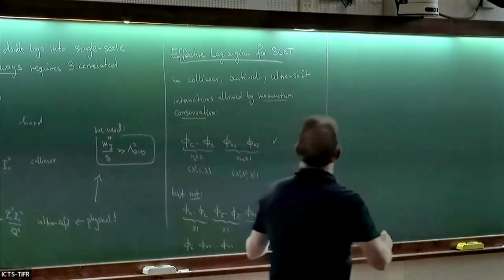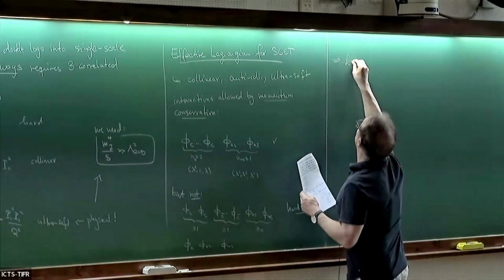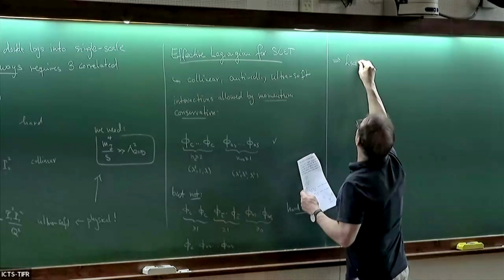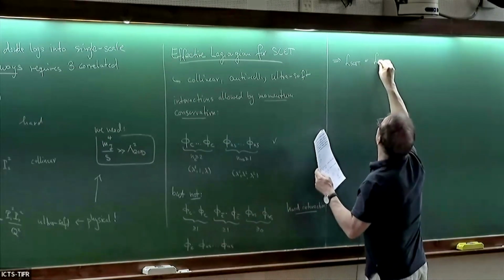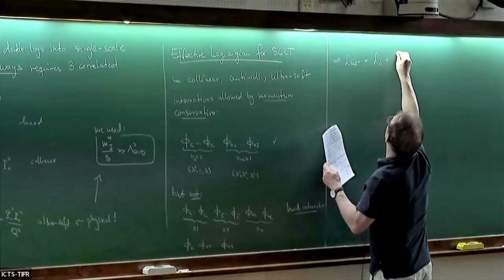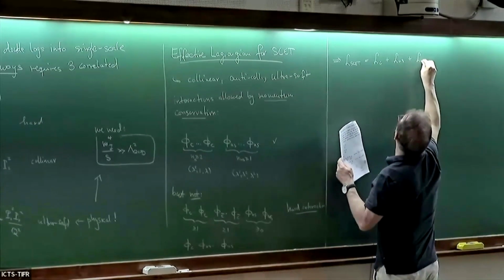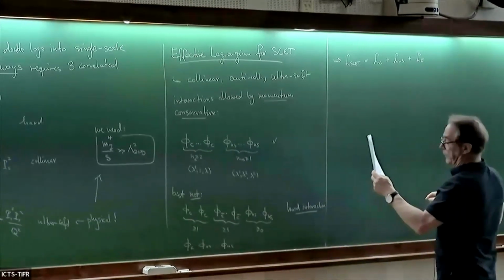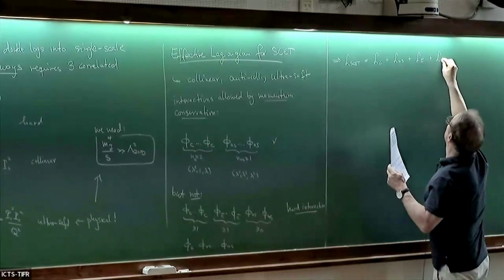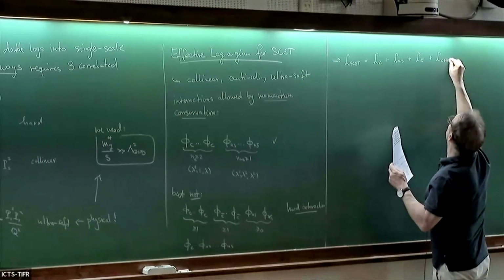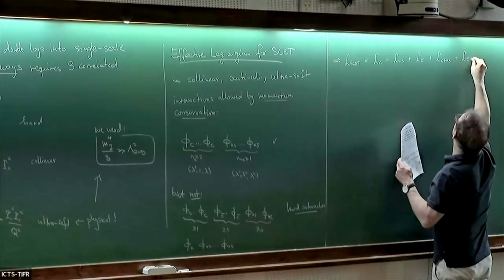So this implies that the effective Lagrangian of SCET will have the following form. It will be a collinear Lagrangian, an ultra-soft Lagrangian, and an anticollinear Lagrangian. And then interaction terms, collinear plus ultrasoft and anticollinear plus ultrasoft.